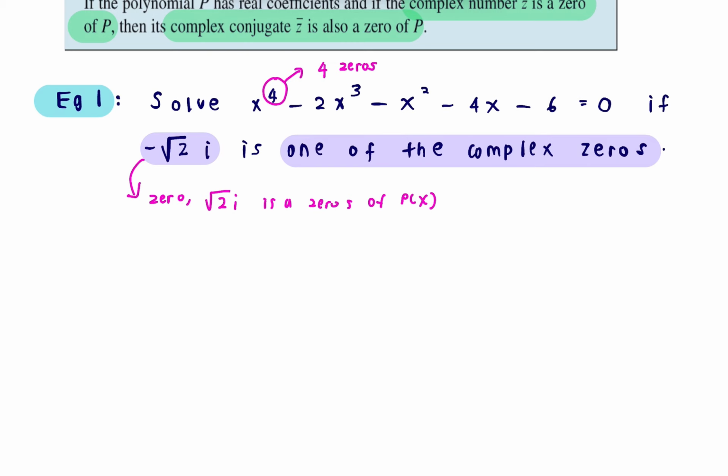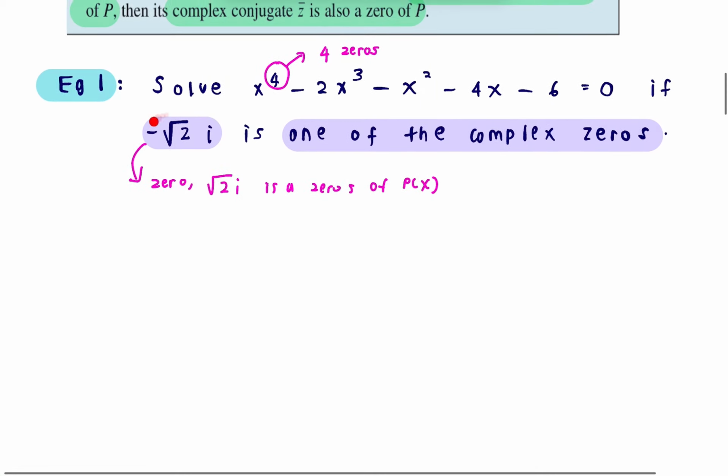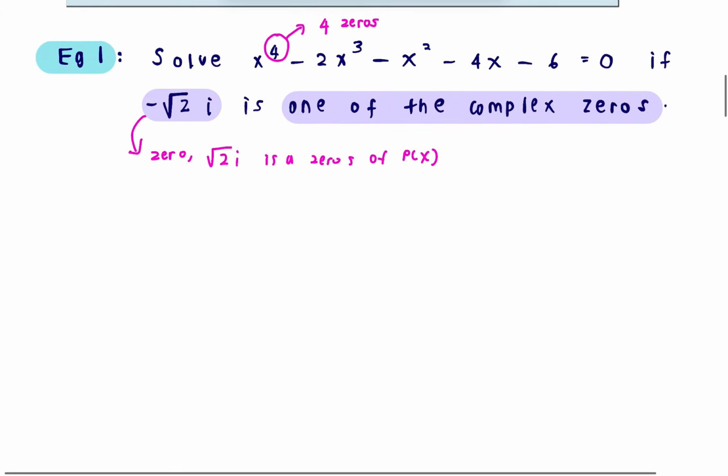First step, you just put the zeros into the factored form. You cannot divide straight away using synthetic division because these are complex numbers, so just put them in the factored form first. What is the factored form for negative square root of 2i?